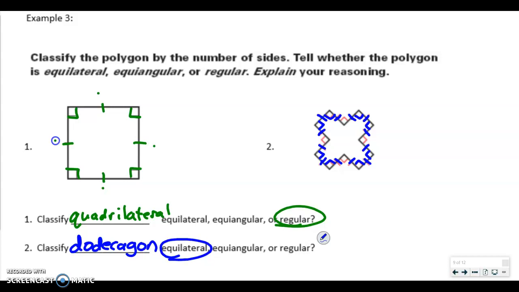And it can't be equiangular or regular because it's not convex. For the polygon to be equiangular or regular, it needs to be convex. And it's a concave figure, so it does not work.